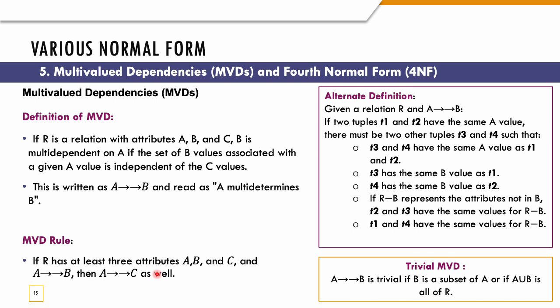This means that if A determines a set of B values independently, it also determines a set of C values independently.